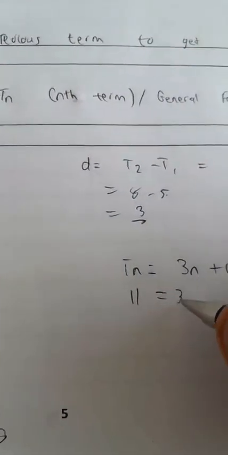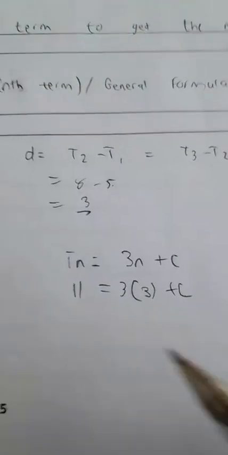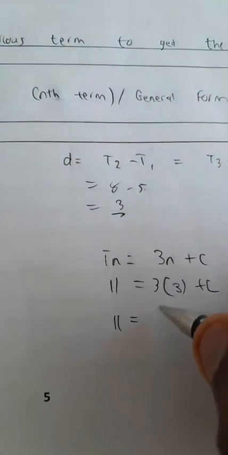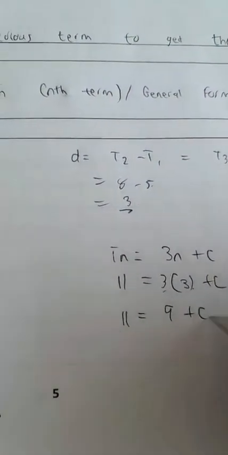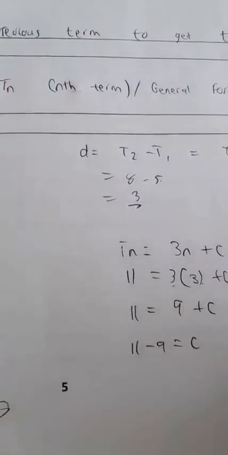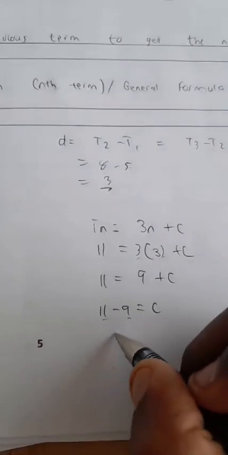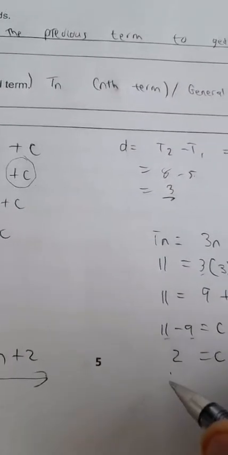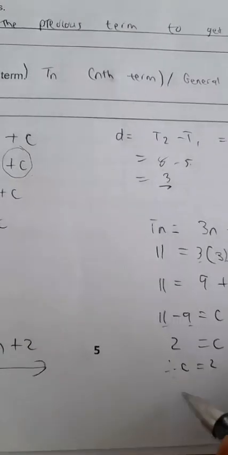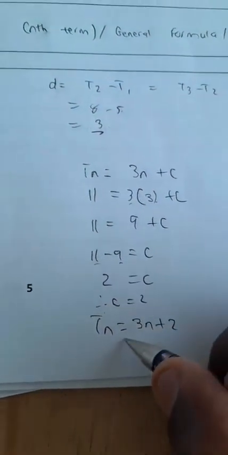Then I'm going to substitute the position of 11. n is 3, plus C. What's 3 times 3? It's 9 plus C. Then I transpose the 9. It becomes negative 9 on the other side. So what's 11 minus 9? That gives me a beautiful answer of 2. So C is equal to 2. So Tn is equal to 3n plus 2.